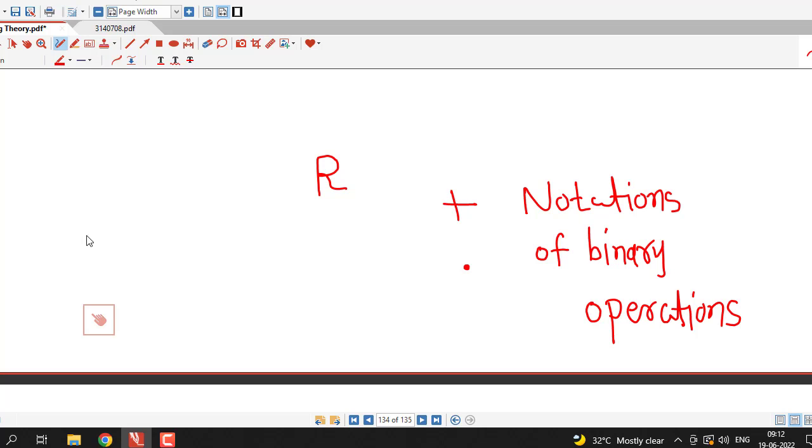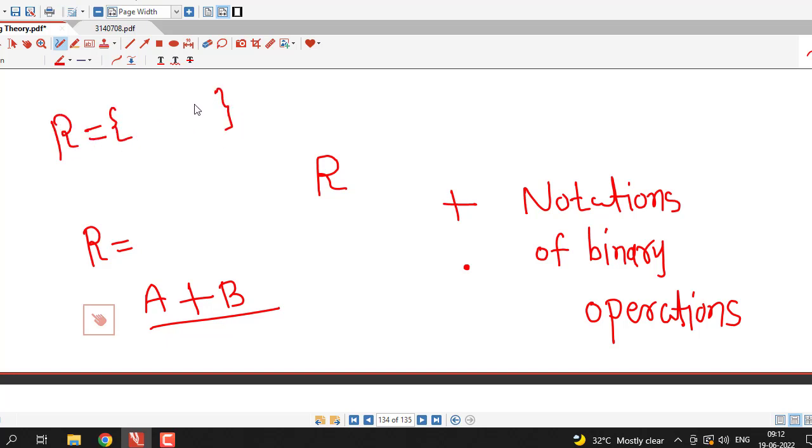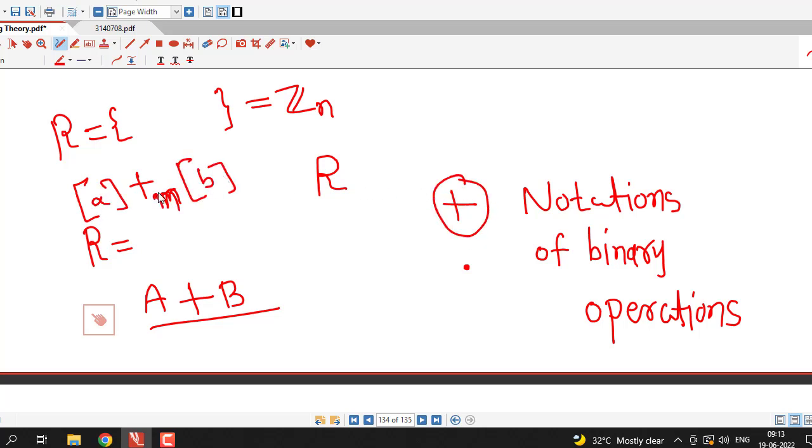If I have R as a set of matrices, then this addition will be used for addition of matrices. If I have R as the set of equivalence classes, or R equal to the modulo group, then this addition will be addition modulo n operation. If I have 2 equivalence classes, then this addition operation will be addition modulo n. So this is just the notation.